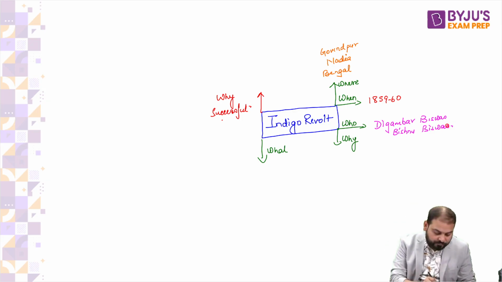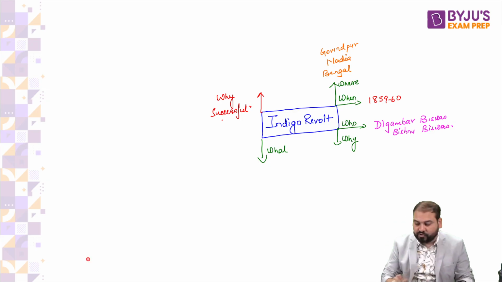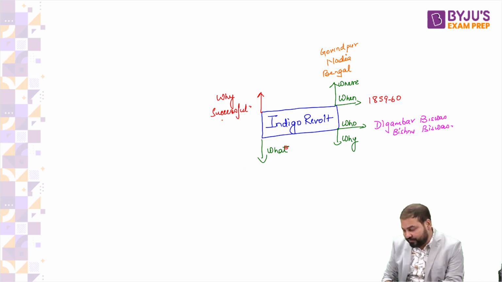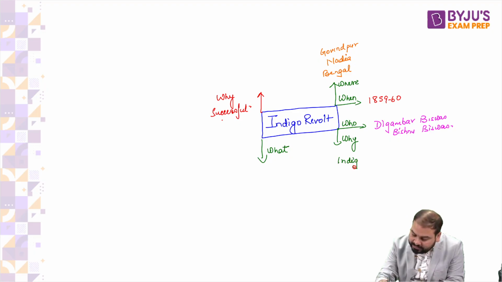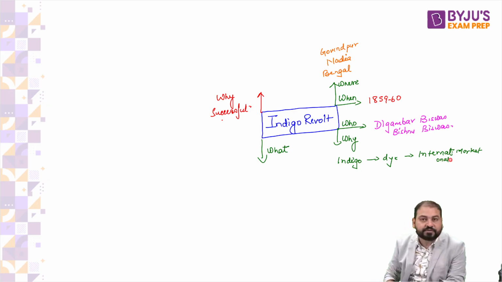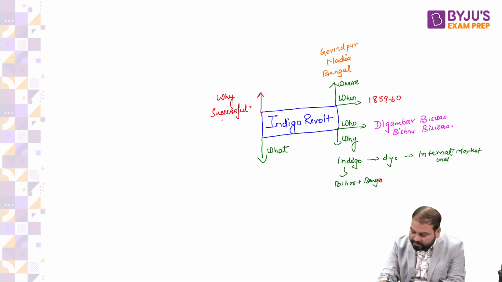All of you, my fourth question to me is, why did this revolt take place? And I know you all have studied that indigo used as dye was in huge demand in the international market, grown mainly in Bihar plus Bengal.